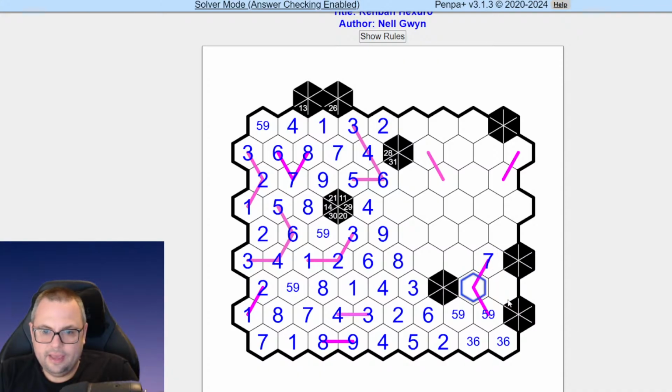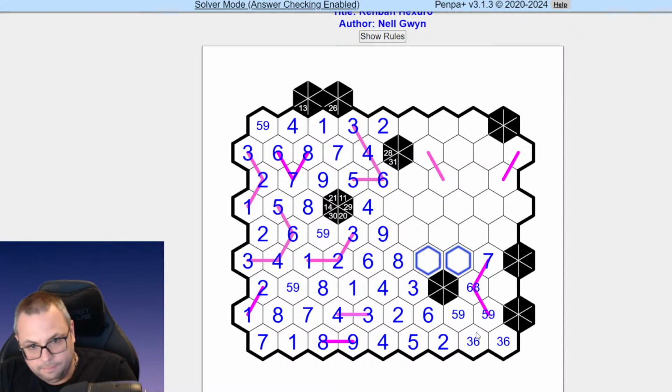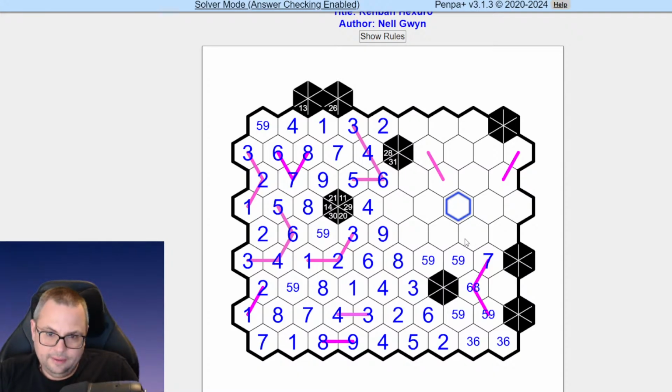And so this is either a 6 or an 8, based on whether this is a 5 or a 9. 1, 2, 3, 4, 5, 6, 7. Okay, so these are the two digits that are left, which are 9 and 5. So that gives us a 5-9 pair along this diagonal, for whatever that is worth.